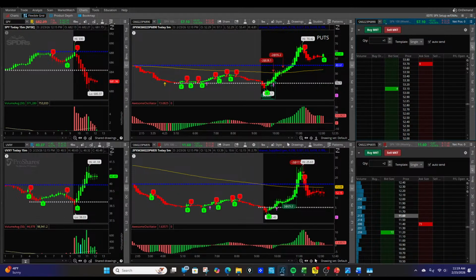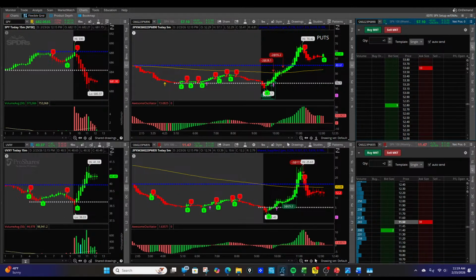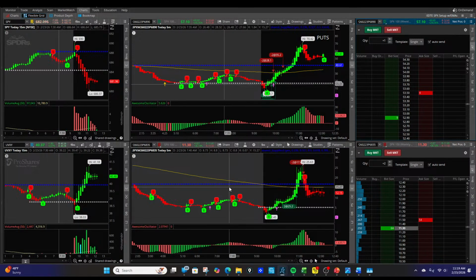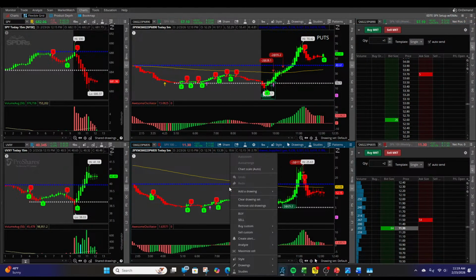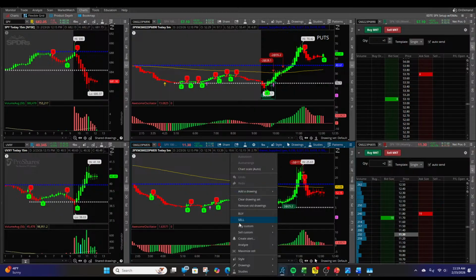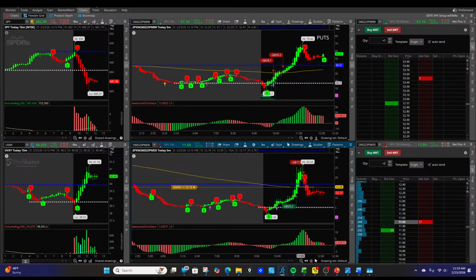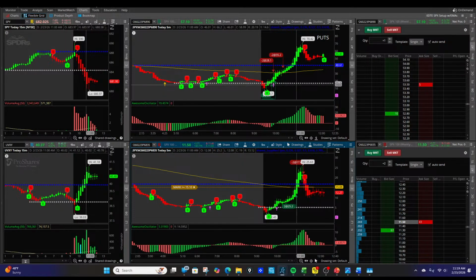If we can get above that, if we can do about 15.20, I think things are going to start moving up. I'm going to put something in here that says 15.10, because I really want to know when it goes past that 200-day.